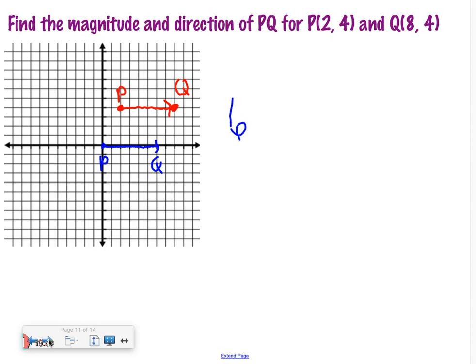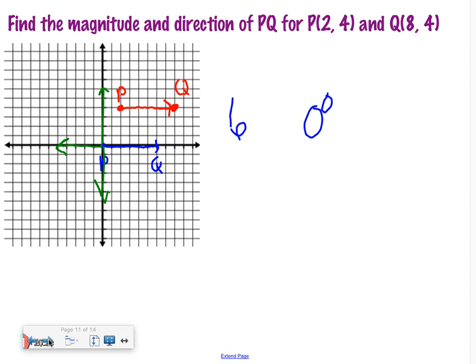No, so it's just 0. Just 0. What if PQ went like this? What would your angle be? 90. What about right here? 180. What about this guy? 270. Does that make sense? Maybe.